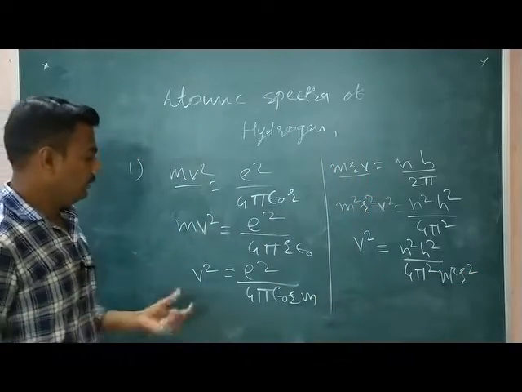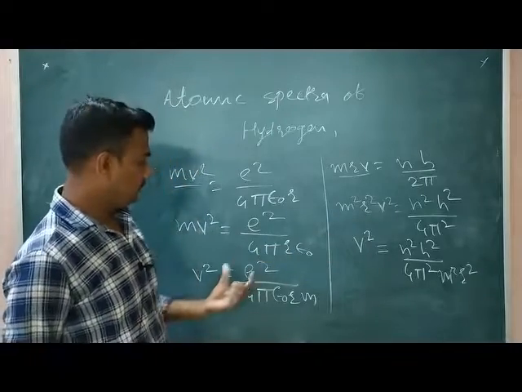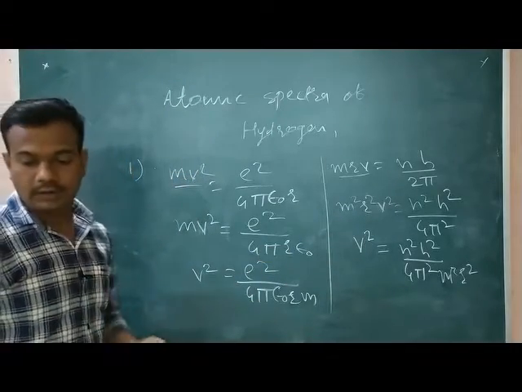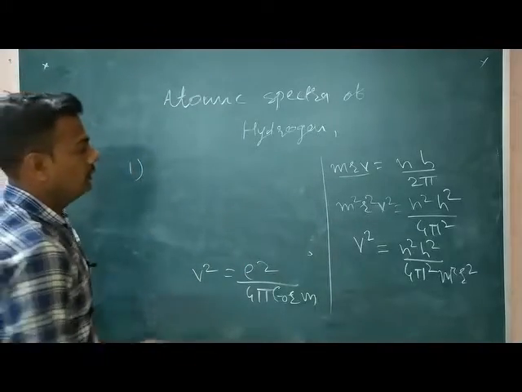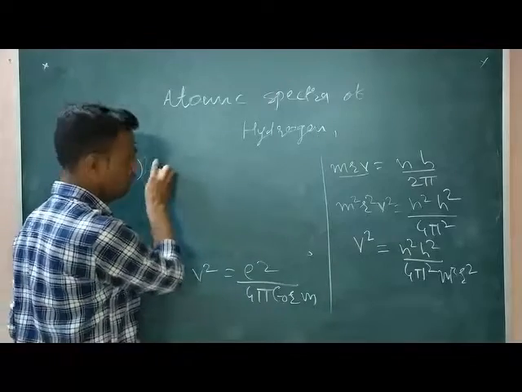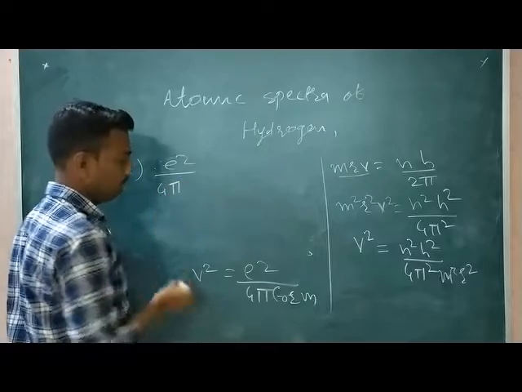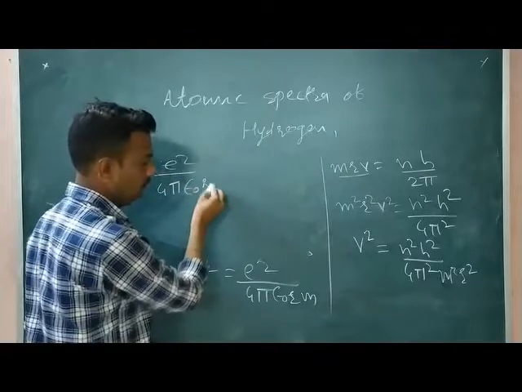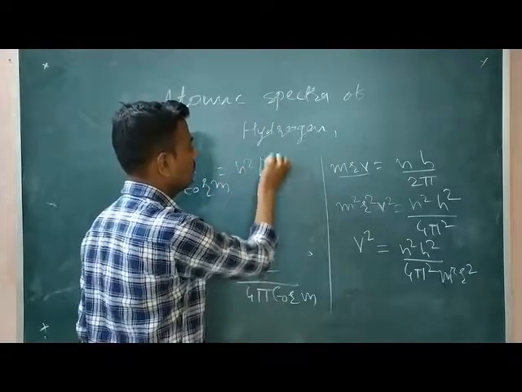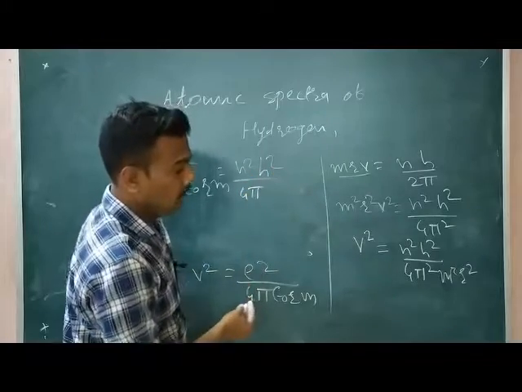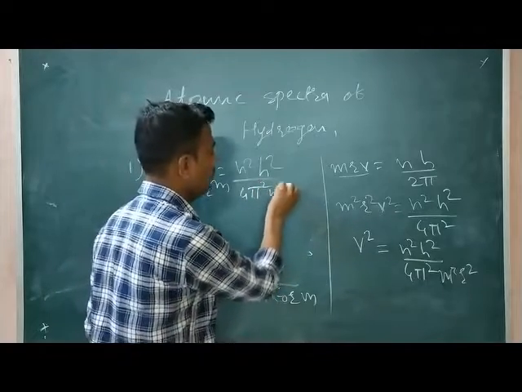So we have found v square from the first postulate and v square from the second postulate. If we compare these two, we get e square divided by 4 pi epsilon 0 into r into m equals n square h square divided by 4 pi square into m square r square.